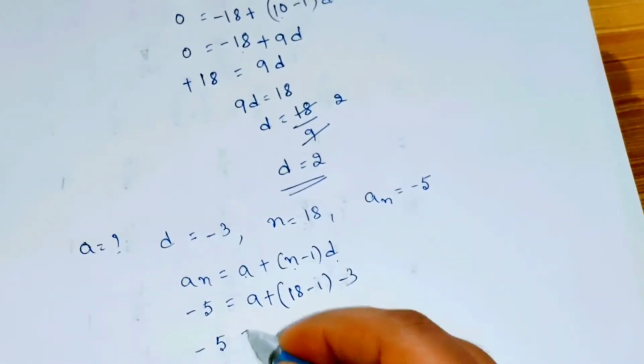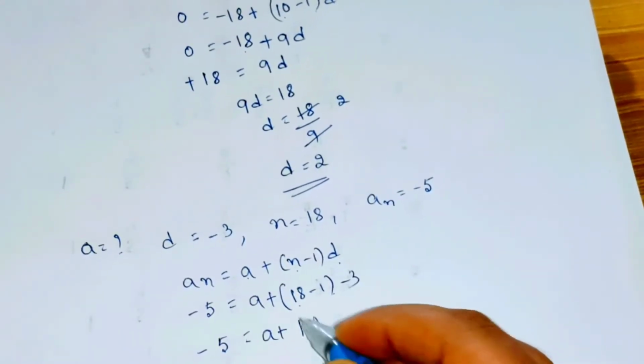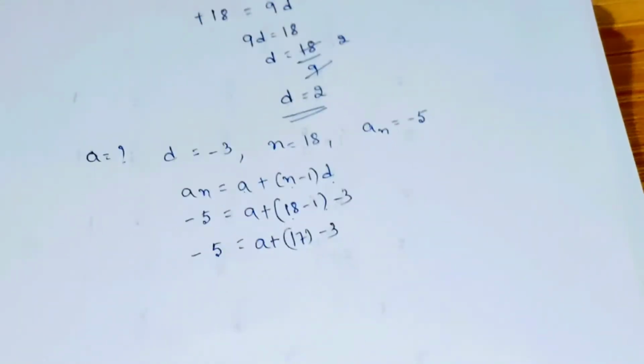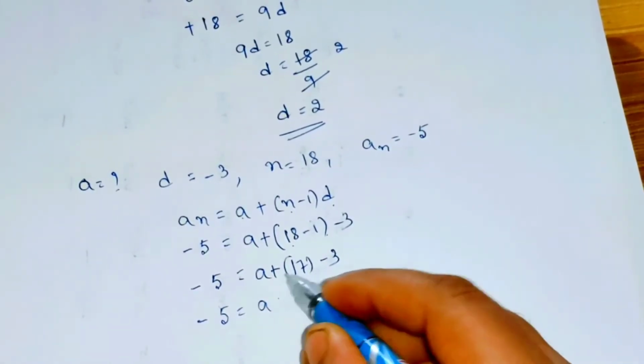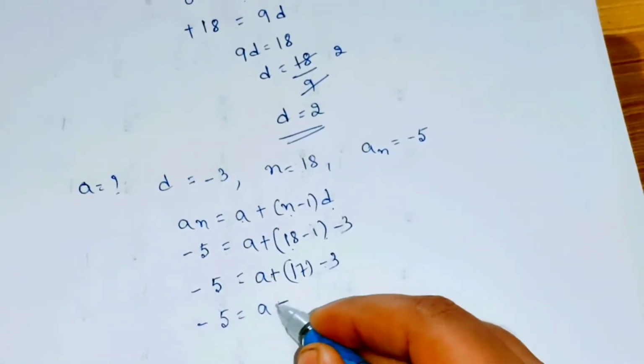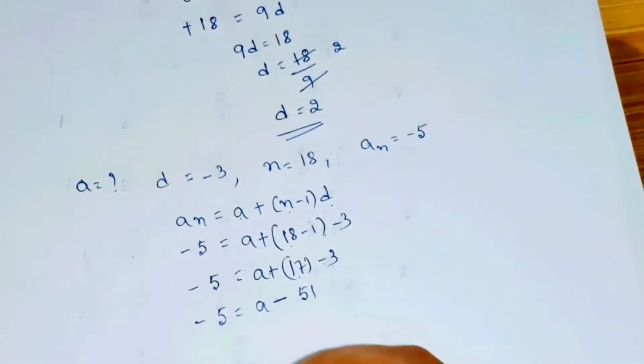Then minus 5 as it is, a plus 18 minus 1 is 17, into minus 3. Minus 5 as it is, a. Here plus into minus is minus. 17 threes are 51.